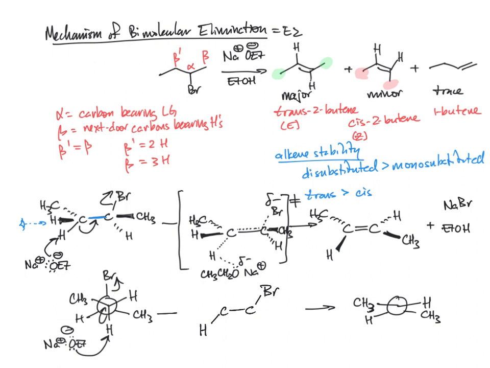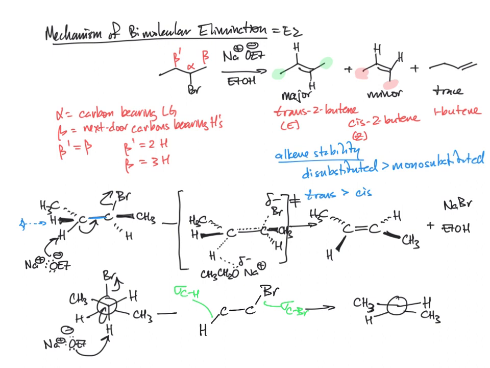So let me just point out that is the sigma bond. That's a molecular orbital of C-H. That's the bond. This is the sigma bond of C-Br.